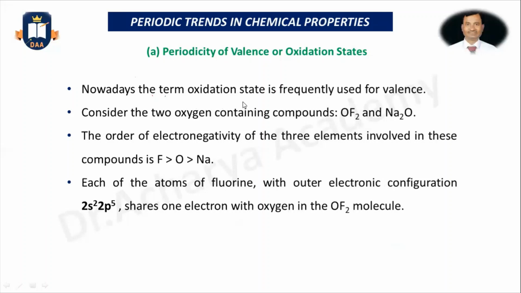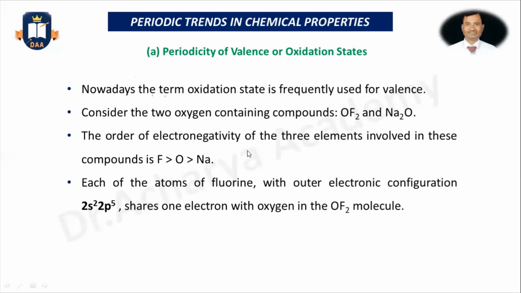The term oxidation state is frequently used for valence. Consider the two oxygen containing compounds, that means oxygen present in two different compounds. One is OF2 and another is Na2O. With this example, we want to show how electronegativity affects the valency or oxidation state.